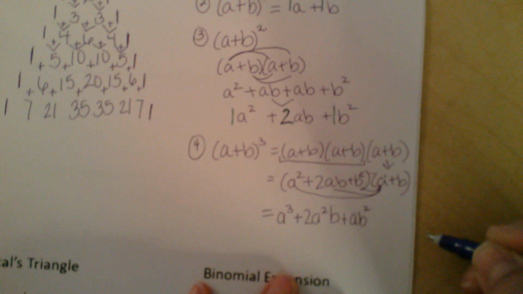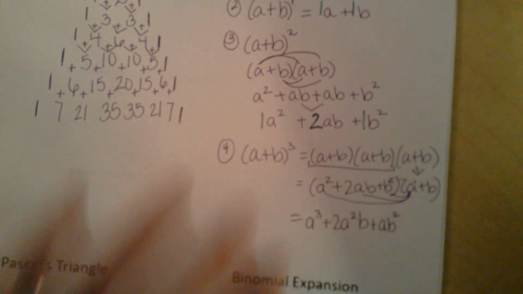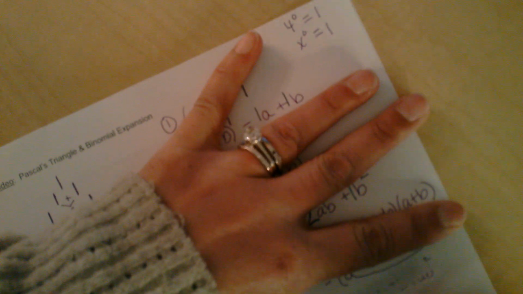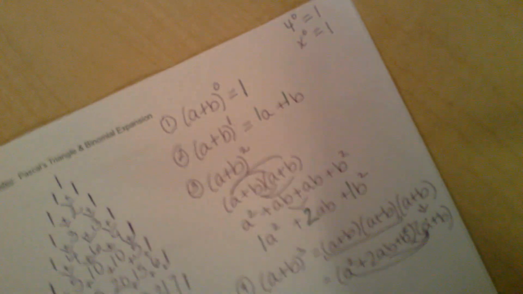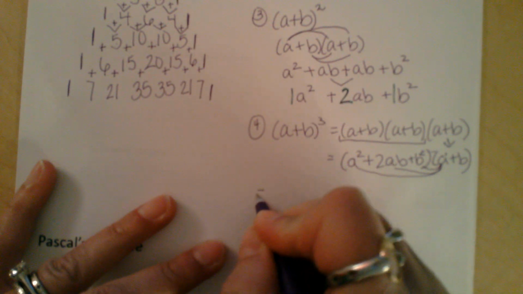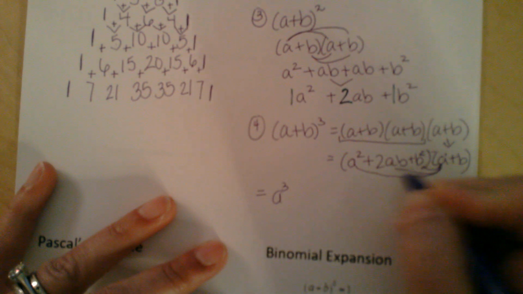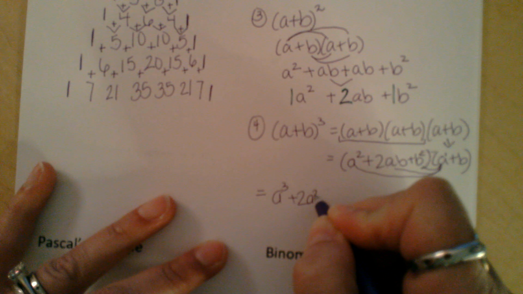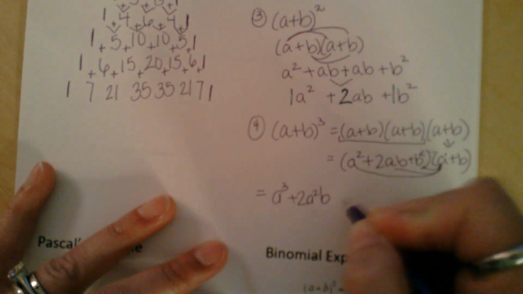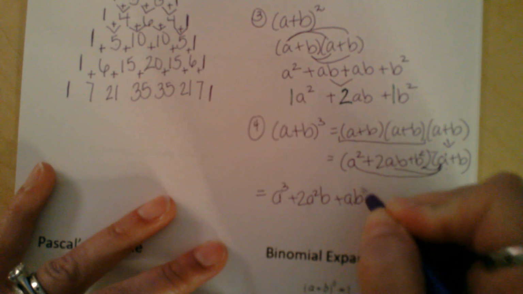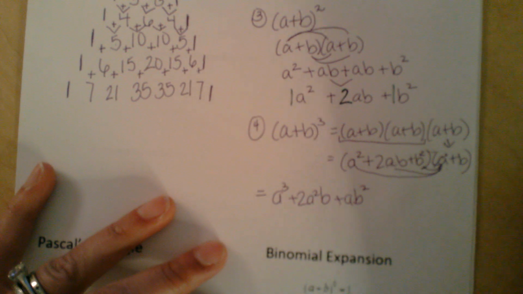I am going to run out of room here. I might want to rewrite this over really quick. I am so sorry, everybody. I just need to move it over. I want it on one nice, big, neat line for you. Okay, so a times a squared is a to the third, a plus 2a squared b, a times b plus ab squared. Okay, so that got my a done.